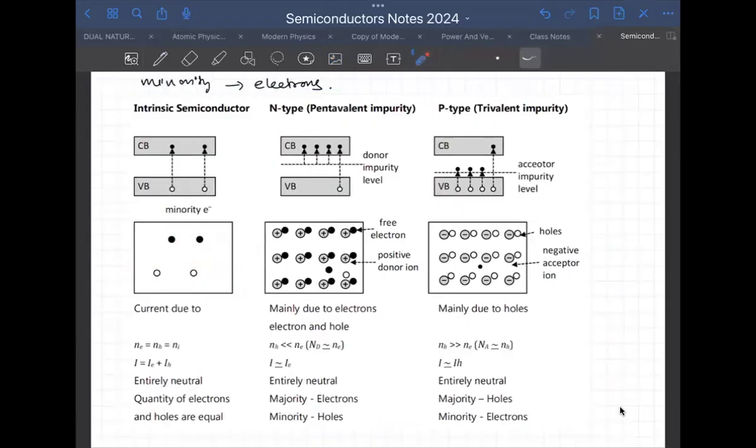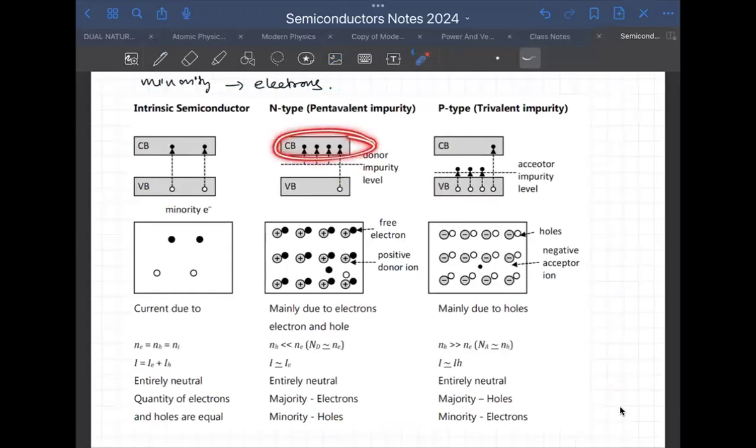Whereas in N-type material, as I mentioned, a special impurity level is created here, which I should say is the donor level, close to the conduction band. You still have the intrinsic process of creating electron-hole pairs, which is always there. But the excess fifth electron of the impurity jumps over to the conduction band and contributes extra electrons.